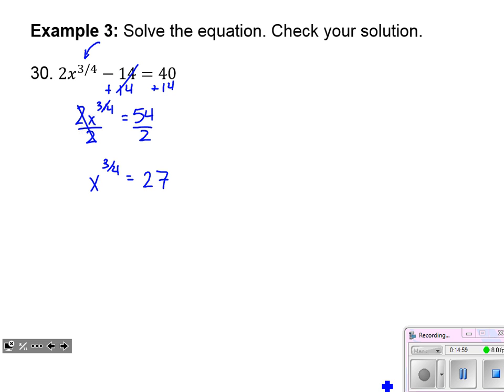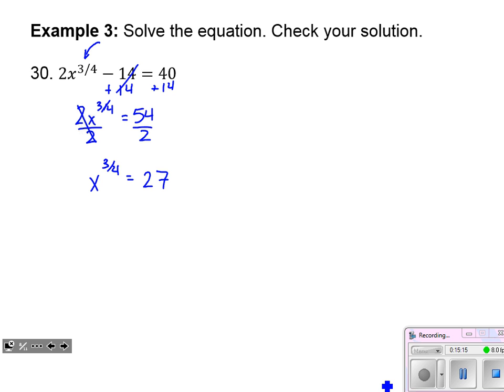Okay, well, again, seeing this expressed as a radical is going to help us out, but one thing I can do is say, what can I multiply both sides by, or what can I raise both sides to as a power that would clean this up?